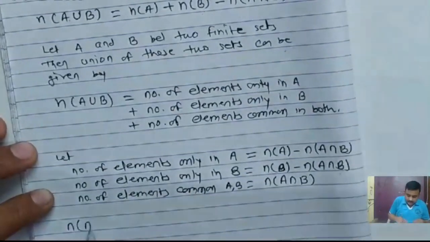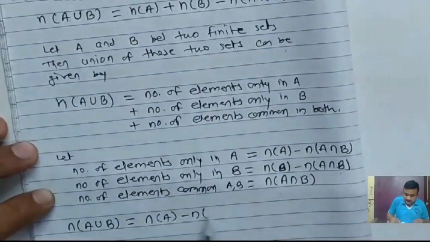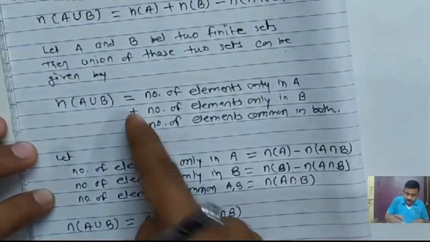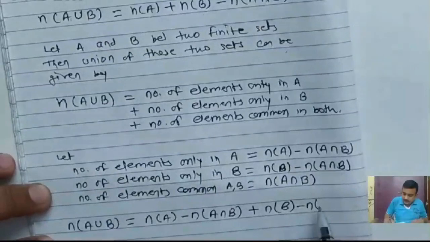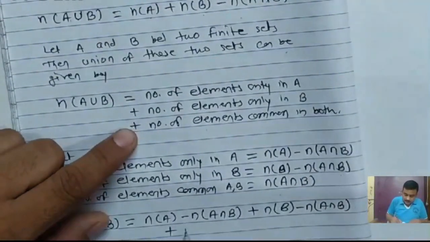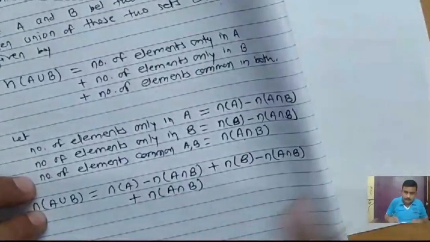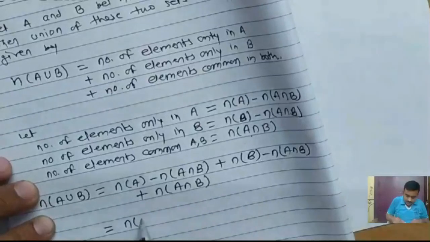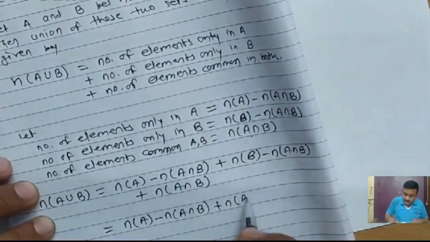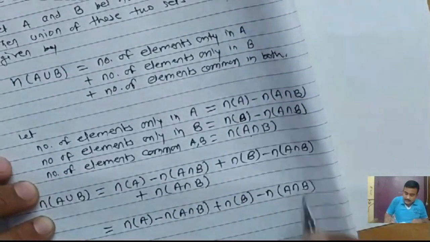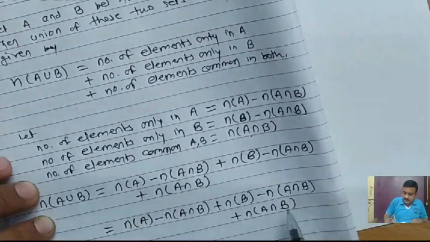Adding all these, we get the number of elements in A union B equals the number of elements in A minus the number of elements in A intersection B, plus the number of elements in B minus the number of elements in A intersection B, plus the number of elements in A intersection B. Now on solving, the minus number of elements in A intersection B and plus number of elements in A intersection B get cancelled.